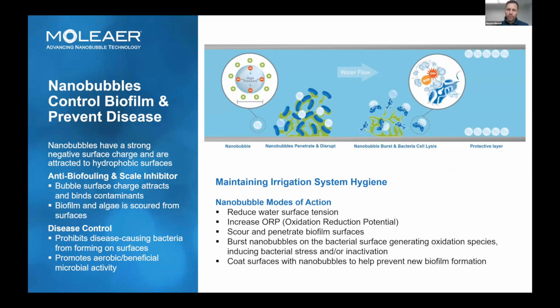Another thing that's well defined now, and we have three published peer-reviewed papers looking at this, and there's a number of other papers as well which are wholly supportive, is nanobubbles as a mechanism to help remove biofilm from surfaces.